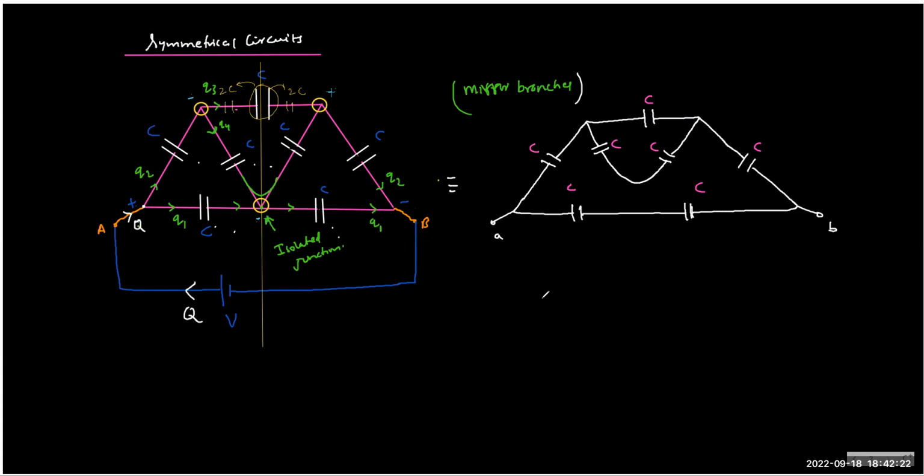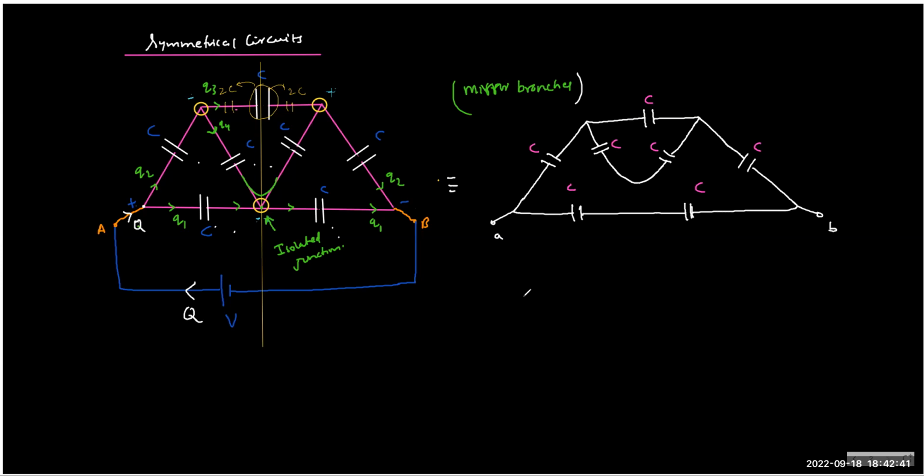Yeah. So by knowing the distribution process in a symmetrical circuit, we are always able to separate those junctions or nodes which lie on the line of symmetry.